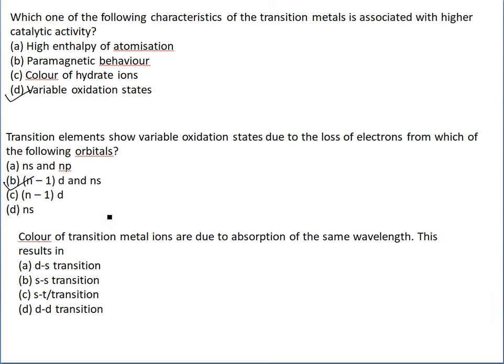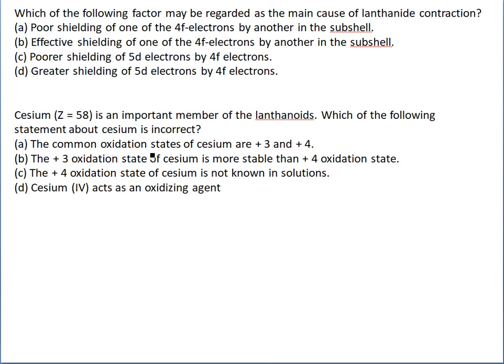So the next question: color of transition metal ions are due to absorption of light, resulting in which transition: SD, SS, SP or DD transition? This is the DD transition, by which D block elements form colored compounds and they absorb light and move to the higher excited state.